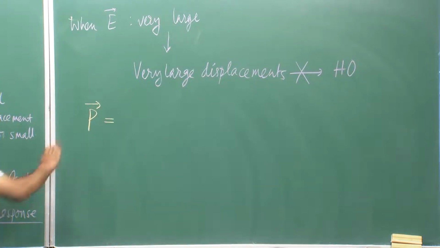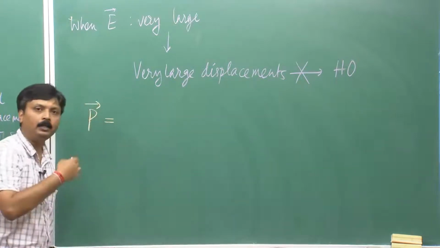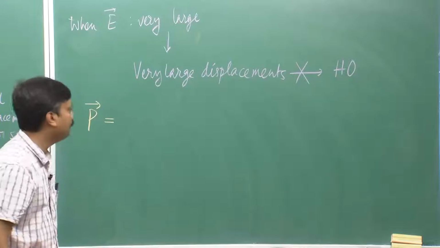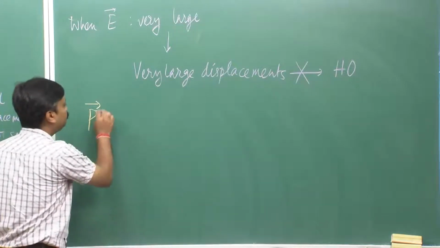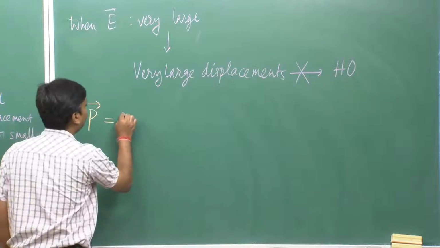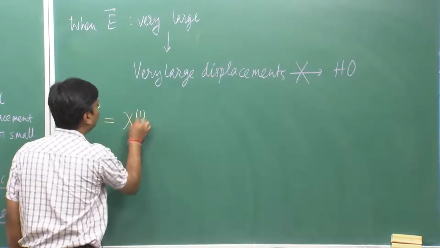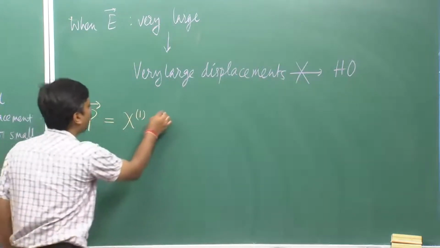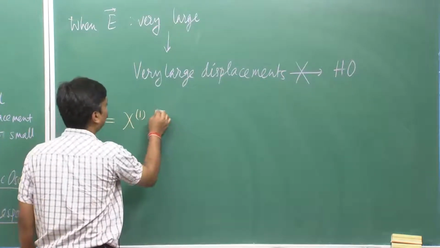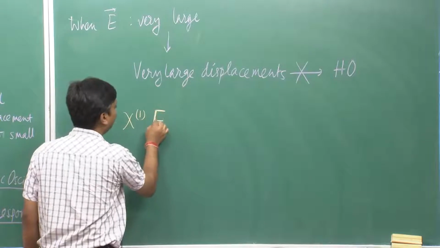So, if there is anharmonicity in my electron oscillation created by a large electric field of light, then this polarization I can expand by using a power series in the electric field, and I can write it keeping my usual linear term. Okay, so I am writing in bold.